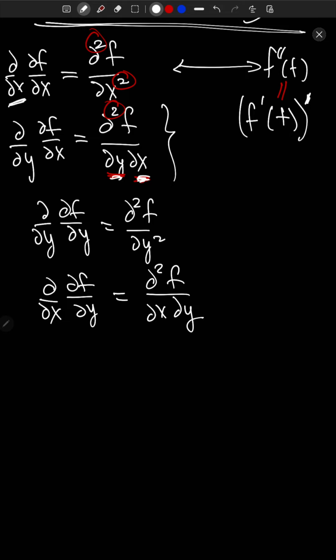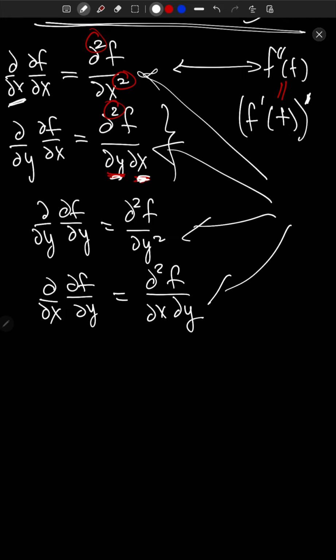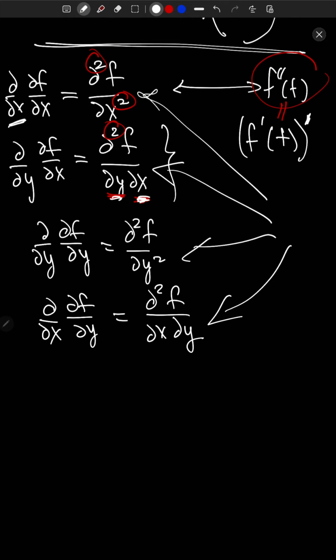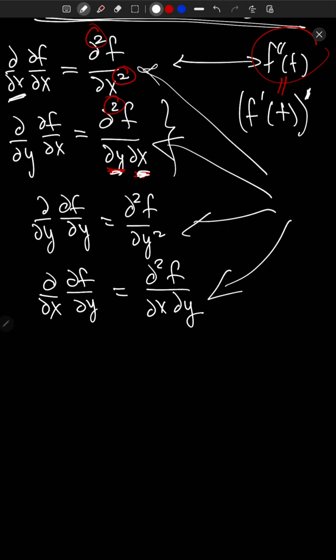So in total, there are four second partial derivatives. Immediately you can see that multivariable calculus is going to be more complicated, because here we have four partial derivatives, while in one-variable calculus we just wrote f prime prime.